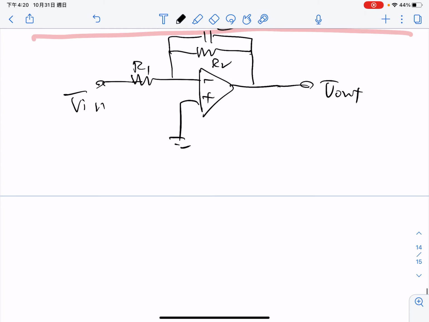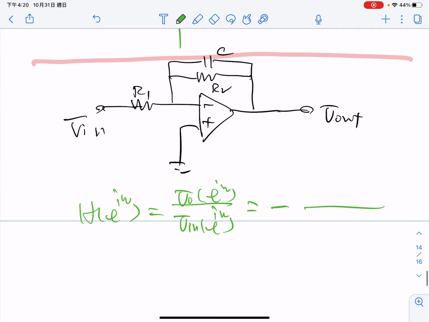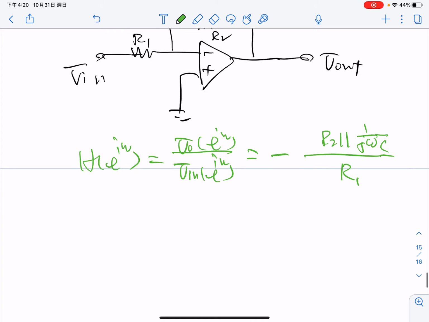Okay. Similarly, we can just write the transfer function V0 of e to the j omega over V in of e to the j omega. Let's use the formula. This one will be R2 in parallel with 1 over j omega C, over R1 here.